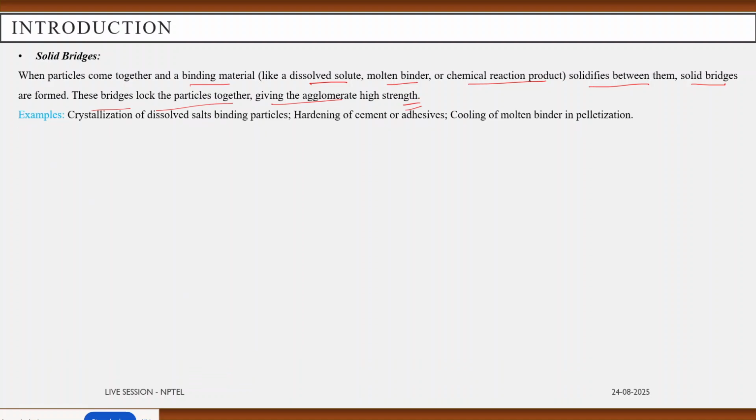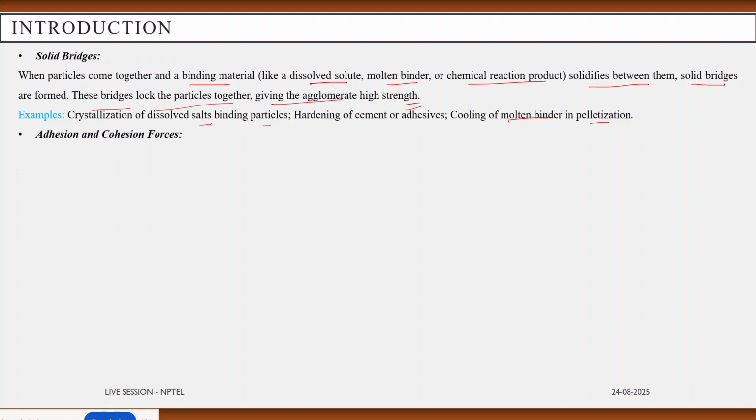Take examples like crystallization of dissolved salt binding particles, hardening of cement or any kind of adhesive, or cooling of molten binder in the pelletization process. In these processes you can notice that solid bridges form between particles in the presence of the binding material, and they give the overall agglomerate very high strength.